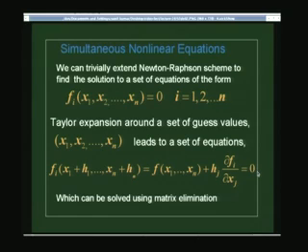So the basic idea is the following: you have equations of this form, n such equations for n unknowns, and then we would Taylor expand these functions around a set of guess values, so xn guess values, and we would Taylor expand this function around that guess value.